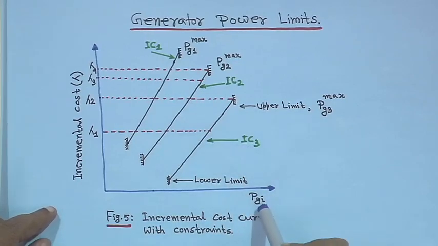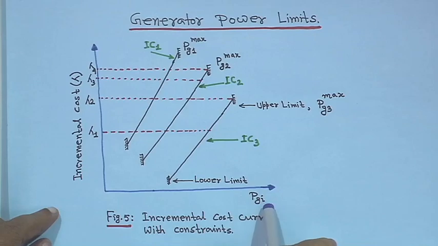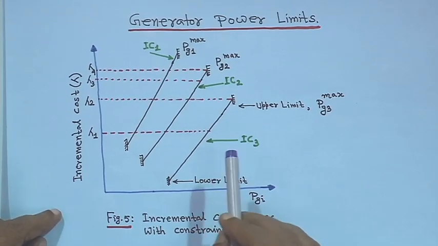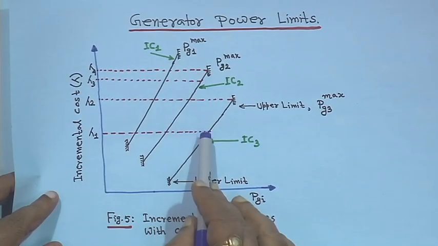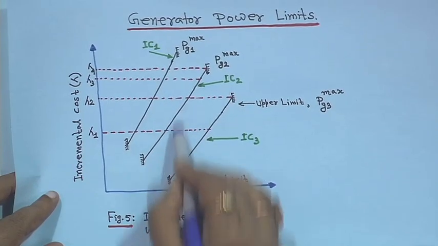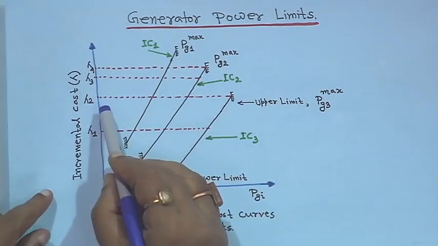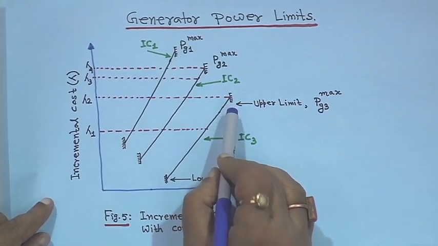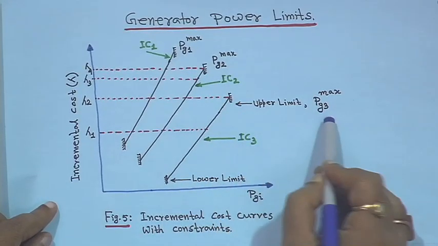Now, this side is the PGi, the power generation for the ith unit. Now, the question is, suppose your load is increasing, so the generator power will increase. That means this lambda line, on which they operate at equal lambda, you slide upwards. So, after some value of lambda 2, when it comes here, it will touch the upper limit of generator 3, that is Pg3 max.